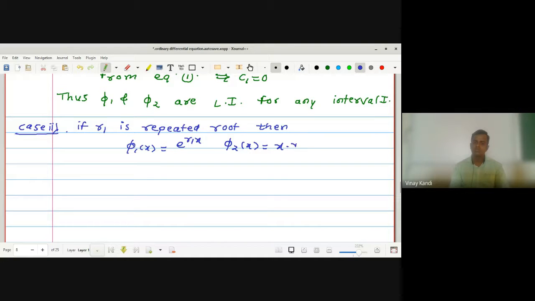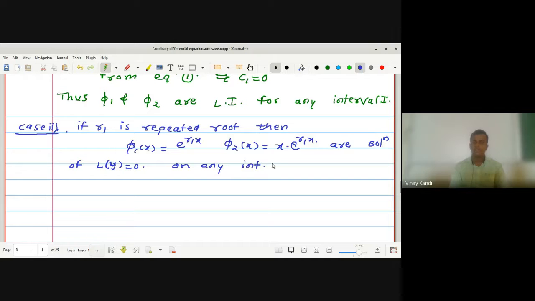These are solutions of L of y is equal to 0 on any interval I.